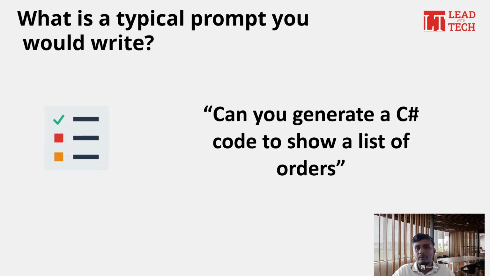Maybe I may optimize it by saying, can you generate a C# code to show a list of orders which are only active or which are sorted by active. So I may add some more details, but this is a prompt that typically a developer who has not yet mastered GitHub Copilot would write. You are asking it to generate C# code and to list the orders.